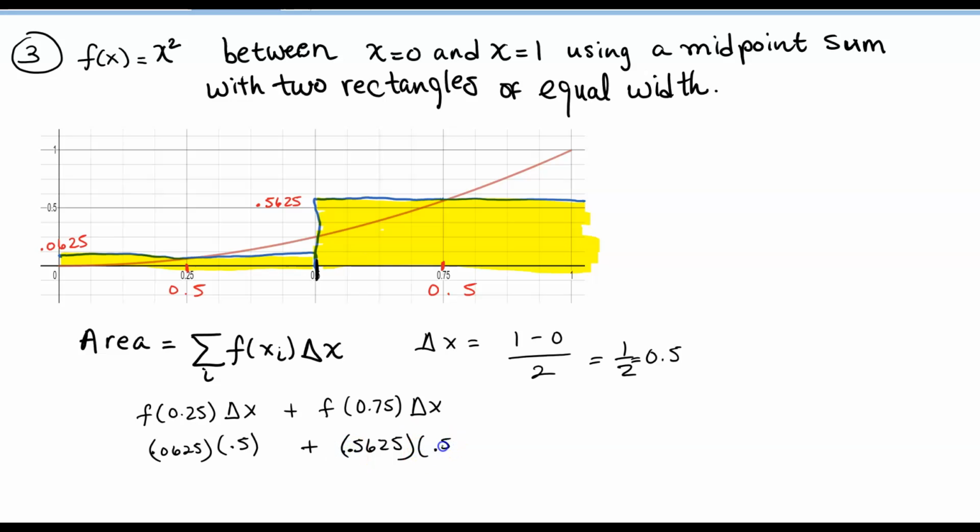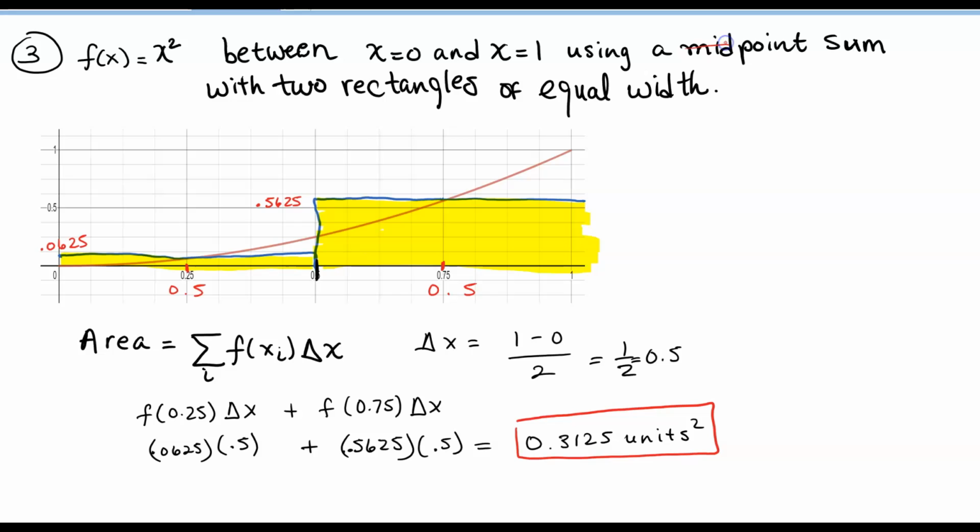You do that on your calculator, and you're going to get 0.3125 units squared.